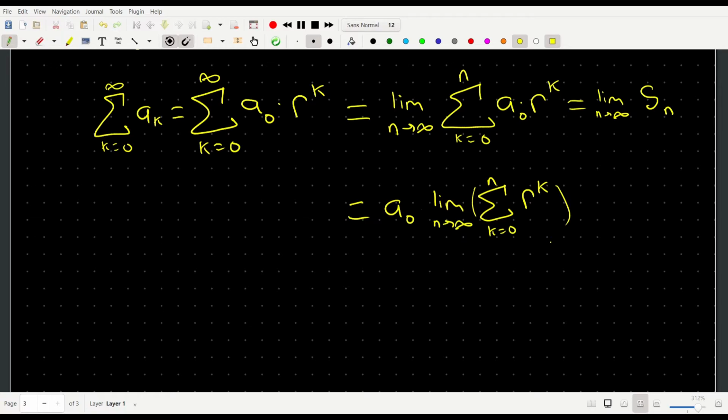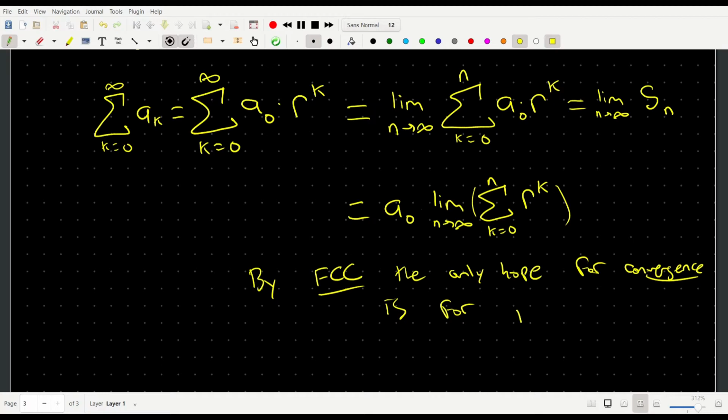Not only that, by the fundamental convergence criterion, the nth term test for divergence that we talked about earlier, the only hope for existence of this limit, or I should say convergence, is for r between -1 and 1.